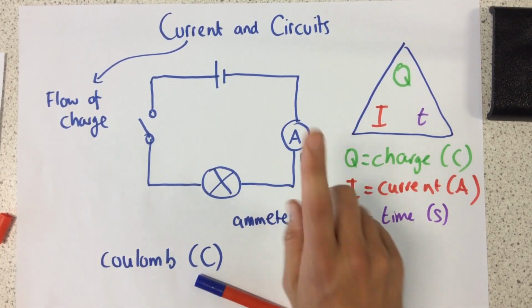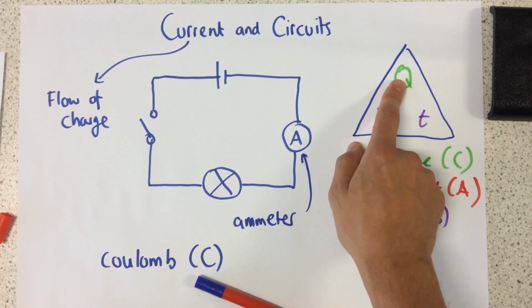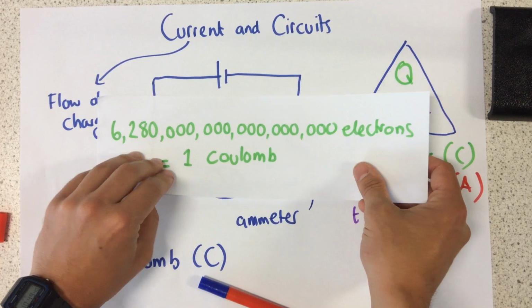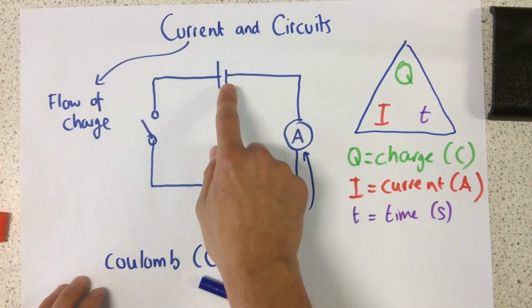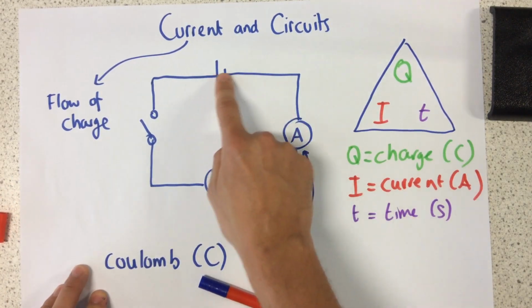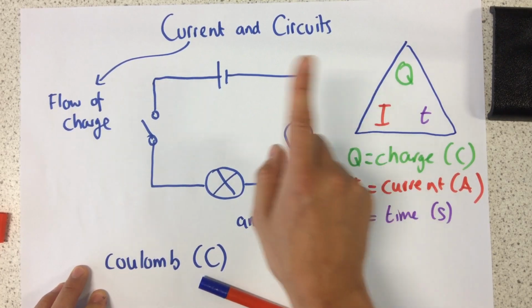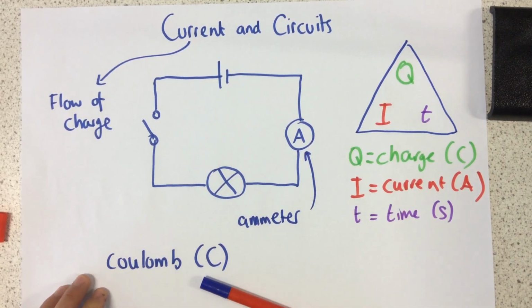So let's just have a quick think about this ammeter here. Let's imagine 1 coulomb of charge, so i.e. that many electrons, passes through or flows through this ammeter in 1 second.